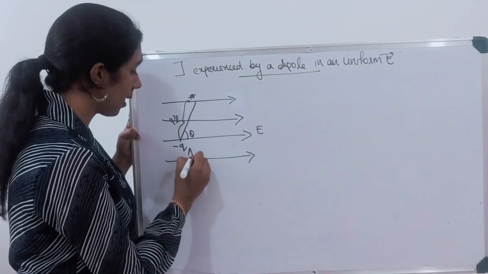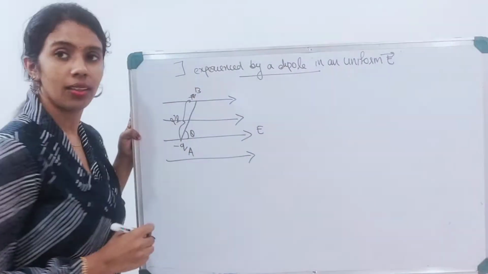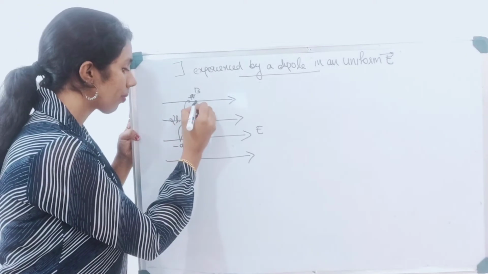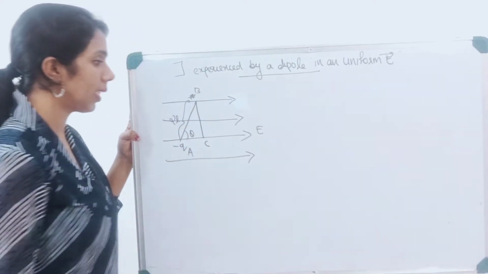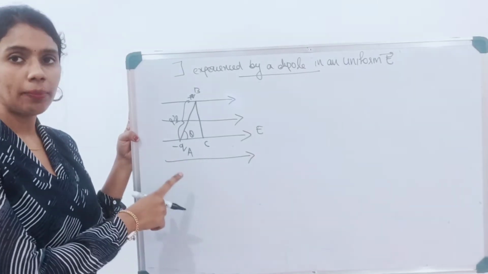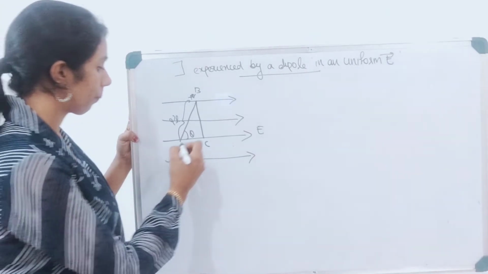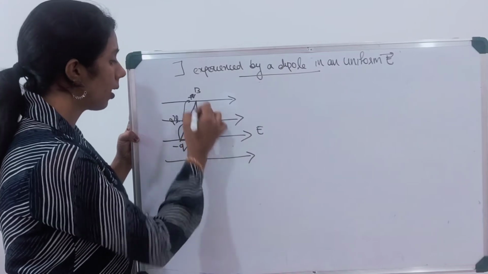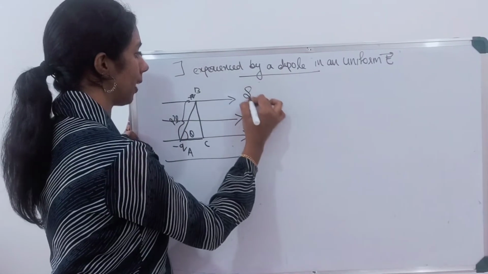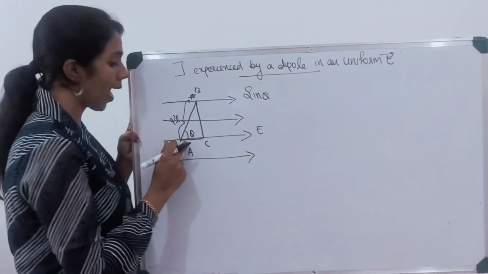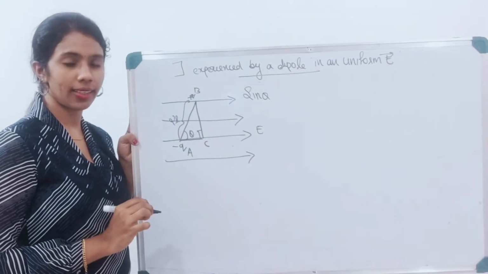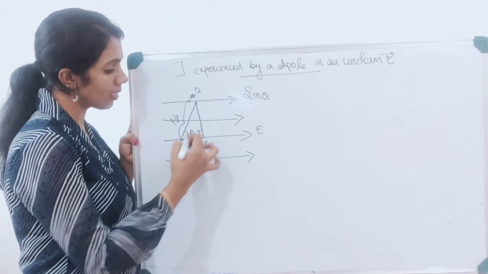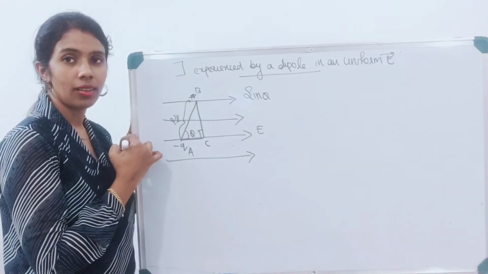So let this be A, B. Now let BC be the perpendicular distance from the dipole to the electric field. So I can find sine theta, that is sine of angle theta. So this is a right angle triangle. Triangle ABC is a right angle triangle. So sine theta is opposite side by hypotenuse.